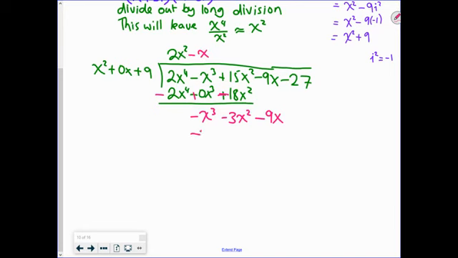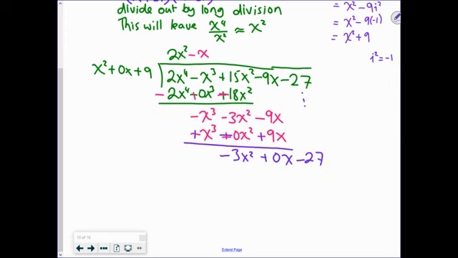Multiply it back. Minus 9x at the end. Then we're going to subtract, so we're going to add the opposite. Nothing, minus 3x squared, plus no x's. Bring down your next one.